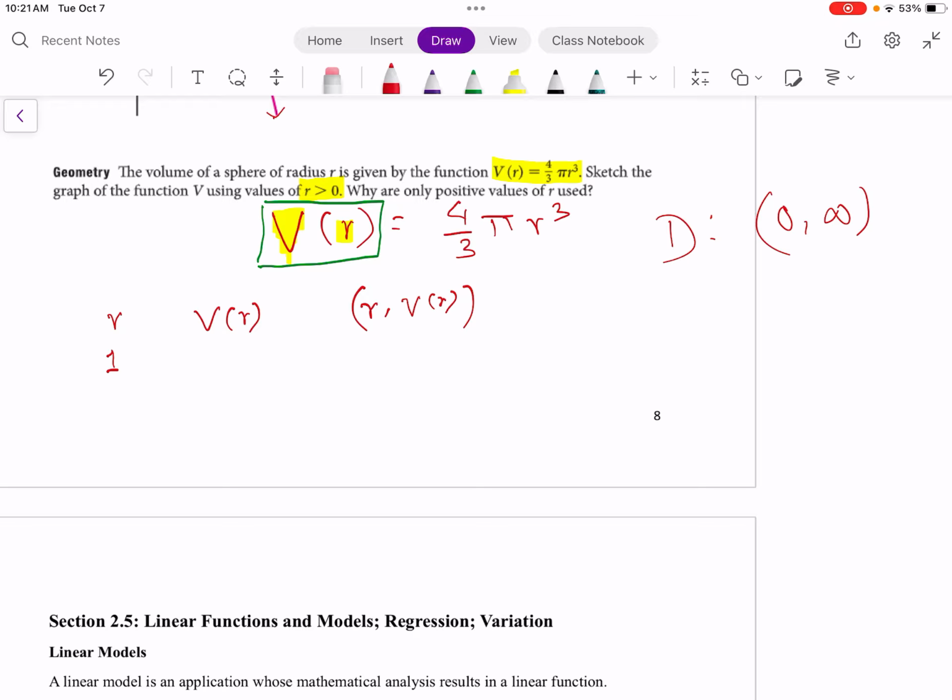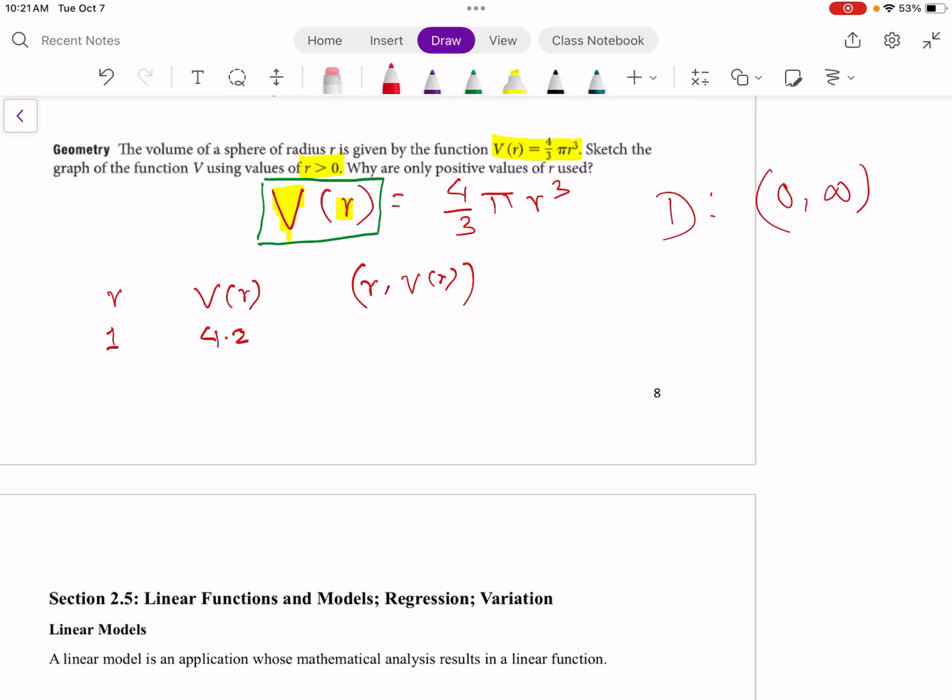Can you do 4 over 3 times 22 over 7 times 1 cubed? 4.186. 4.186 repeating. Okay, so let me just round it and write 4.2.